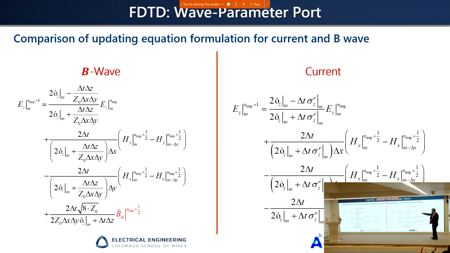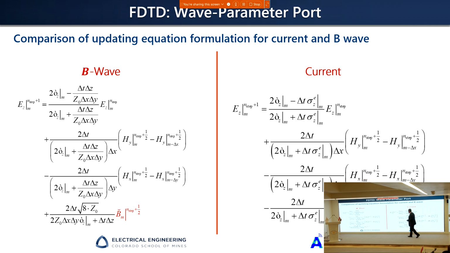So this is the expression of the B wave. This is the expression if I have a current density that represents any other nonlinear device. A very similar expression in terms of form, and that's how we would like to do it, because we don't want to change the formulation of the finite difference updating equation of finite difference time domain.